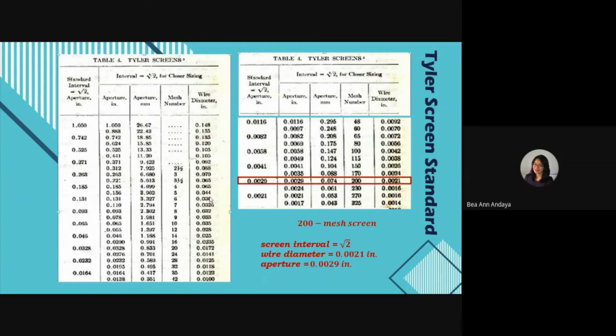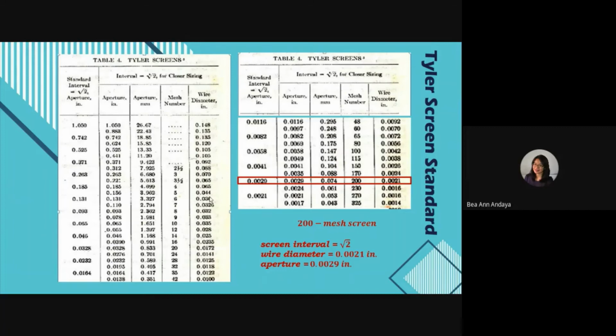Ngayon, ang opening ng screen na to ay merong size na 0.0029 inches. According to our mesh number, kapag sinabi natin na 200 mesh screen, ibig sabihin yung screen ay may butas na 200 or 200 openings sa bawat isang inch.